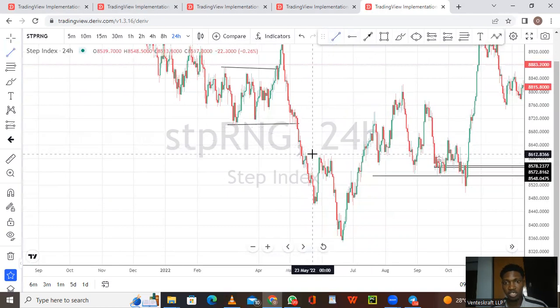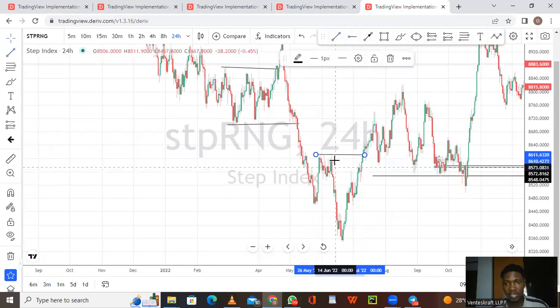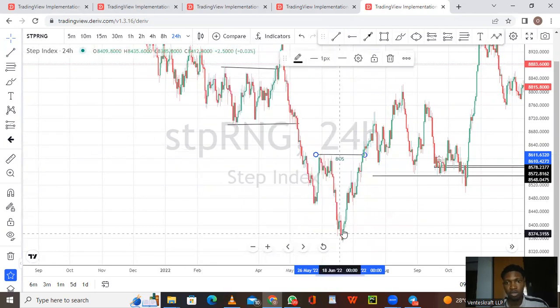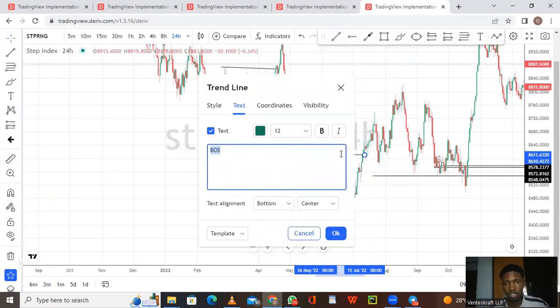There's something they call change in character, or switch in market structure. There's a switch because this was the last lower high that was broken to the upside. So I'm going to label this as BOS, the break of structure, to the upside.